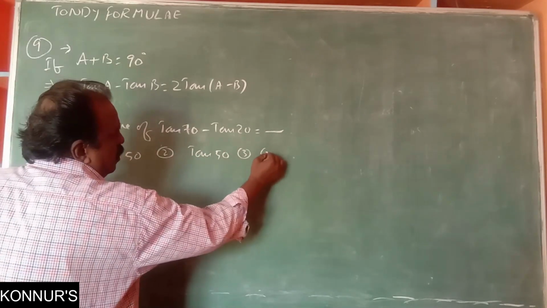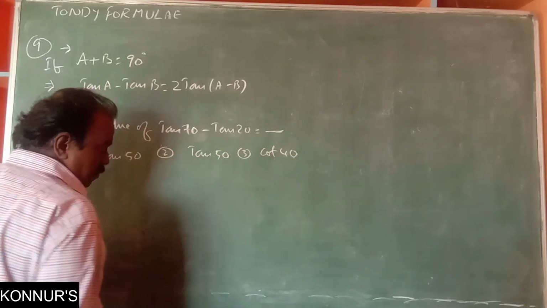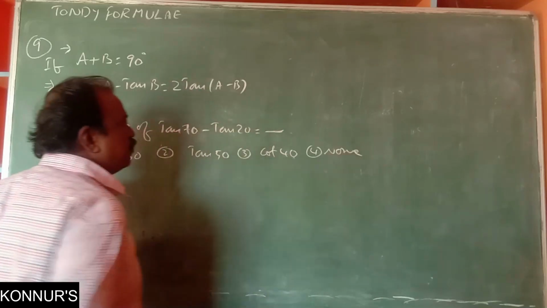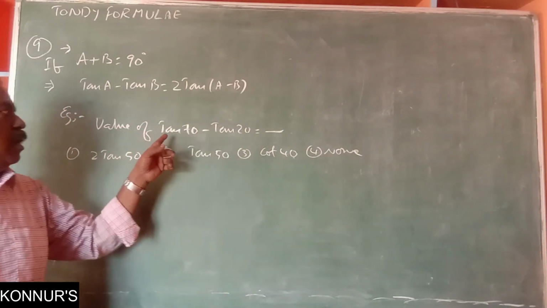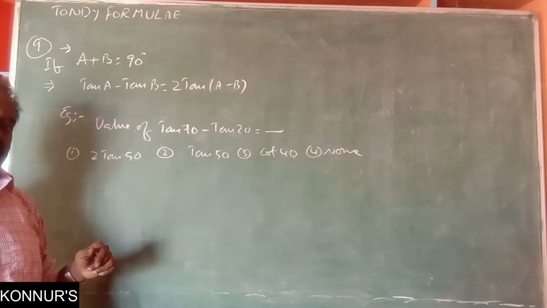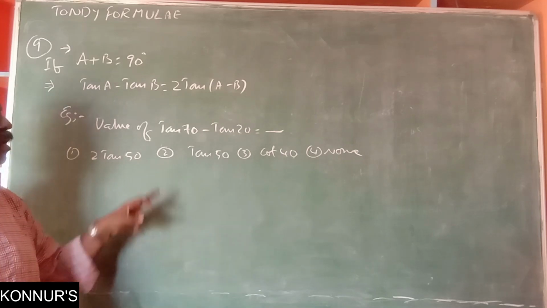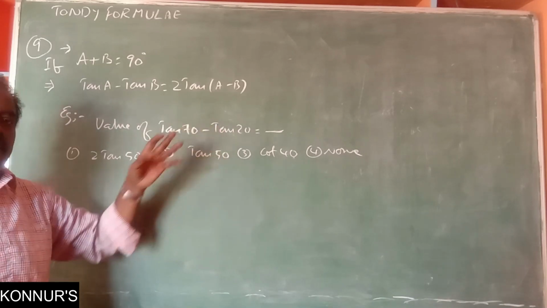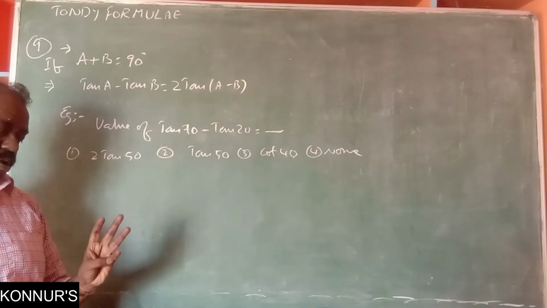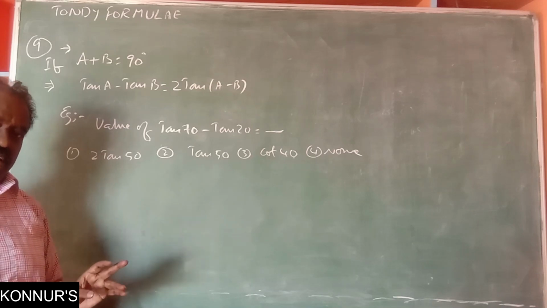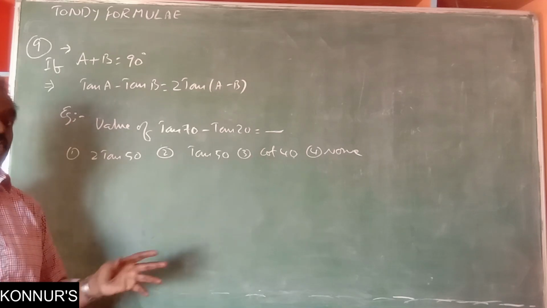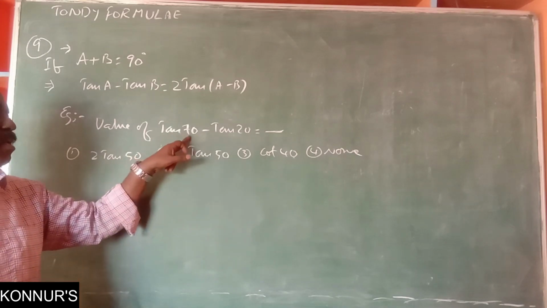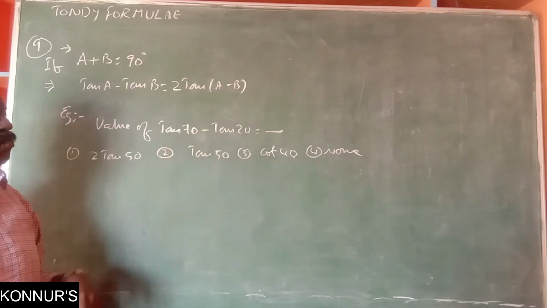Third option is cot 40. Fourth option is none, just to assume. If you see this question in the exam, certainly you will be confused. Tan 70, we don't know the value. Tan 20 also is not there. Only 0, 30, 45, 60 and 90, sometimes 15, 22.5 degrees, are standard, whereas tan 70, tan 20, not possible to find.